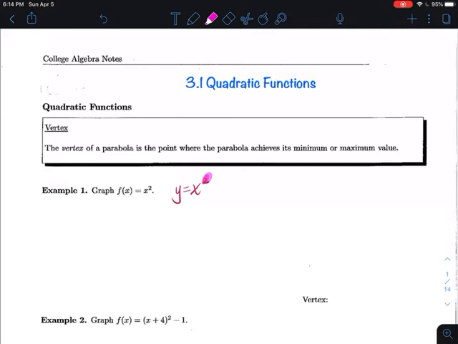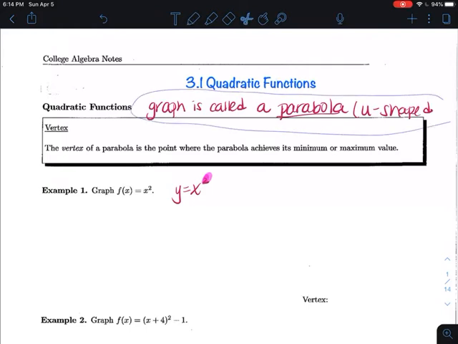So starting off, let's talk about the graph of a quadratic function. The graph of a quadratic function is called a parabola, which is a U-shaped graph.